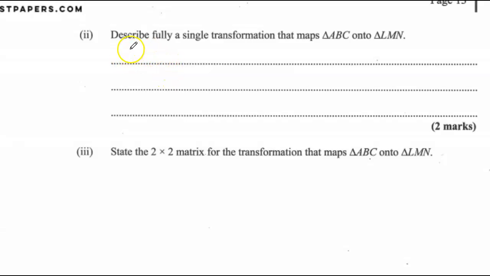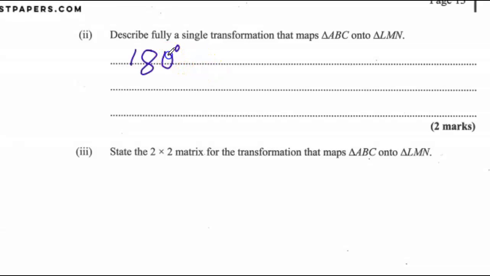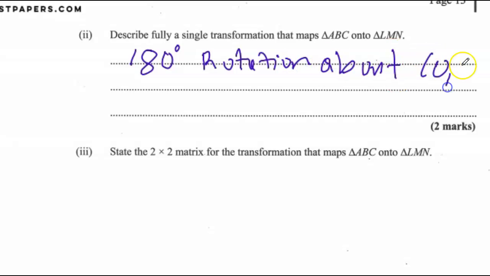Which means the transformation would be a 180 degrees rotation about the origin, and the origin is (0, 0). And it doesn't matter if it's clockwise or anti-clockwise, you still end up at the same place. If you're located here and you rotate this pointer 180 degrees clockwise, then you'll end up here. And likewise, if you rotate anti-clockwise, you will end up in the same place. So the direction doesn't matter.